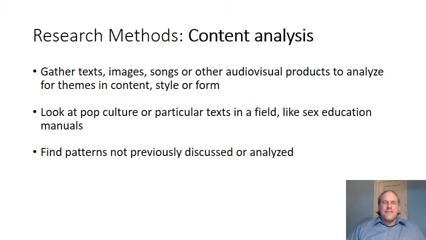The idea is you find patterns in how music is done, in what people write. For example, if you're asking whether music sexually objectifies women, you have to actually define that and say what exists in a song that would objectify women, and compare it both across different genres or over time.